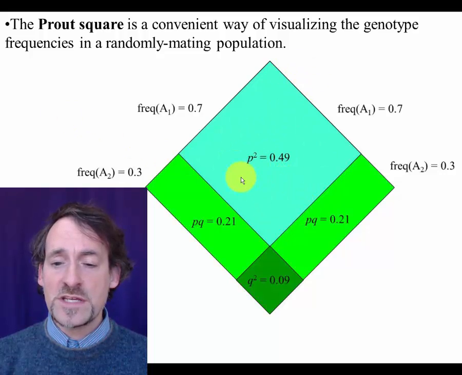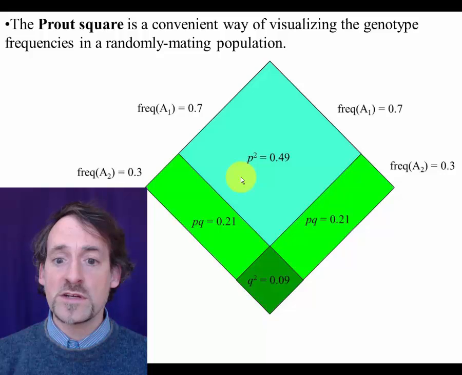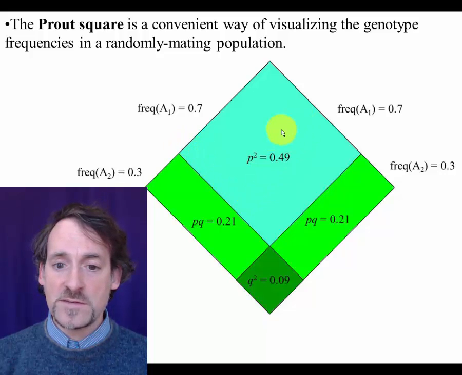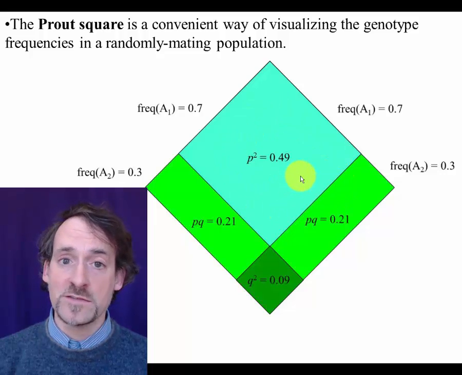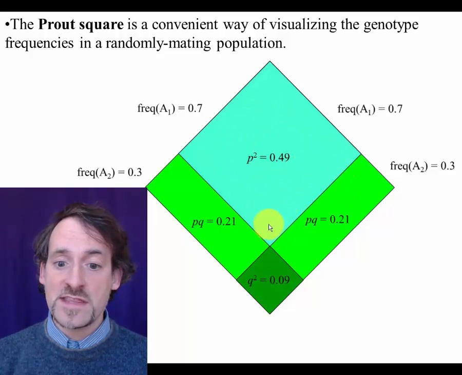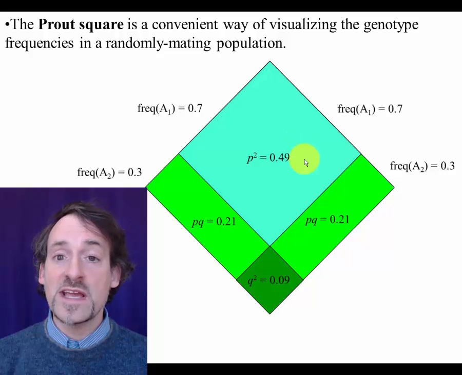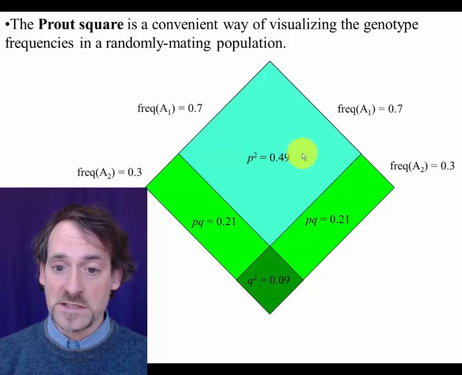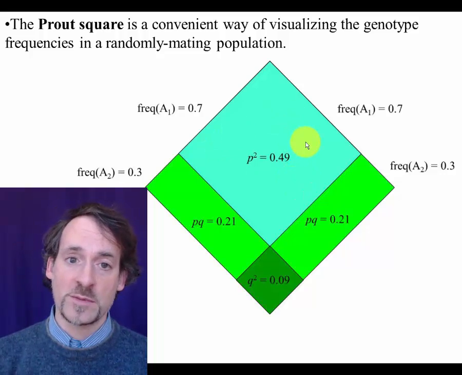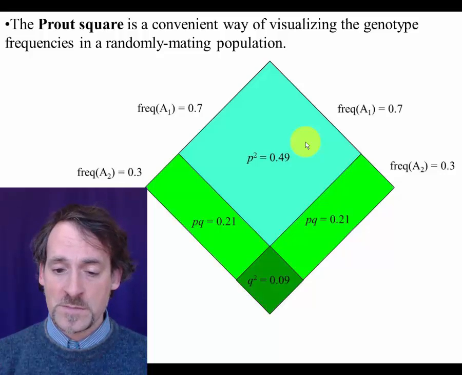Up here, p squared is 0.49, that's nearly 50%. And you can see that nearly 50% of the area of the square is in this cell. These are A1A1 individuals. Half the individuals in the population should be A1A1.